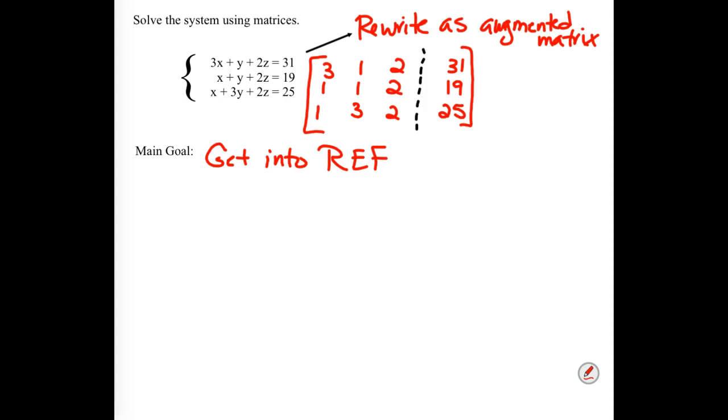Do I have a different row that starts with a 1? I could do the second or the third. I could interchange either of those with my original row 1. Yes? Okay. So, first step we're going to do, we are going to swap, interchange row 1 and row 2.